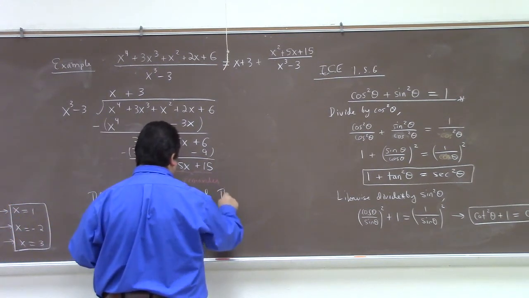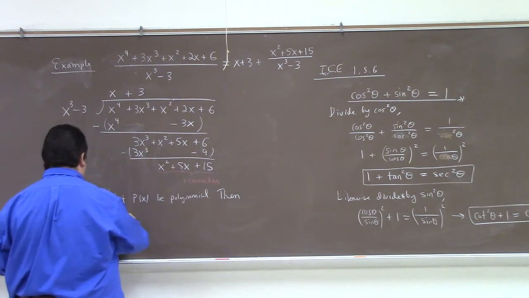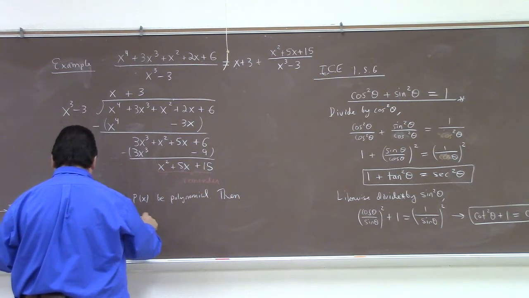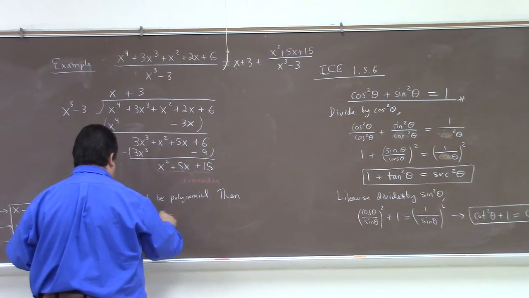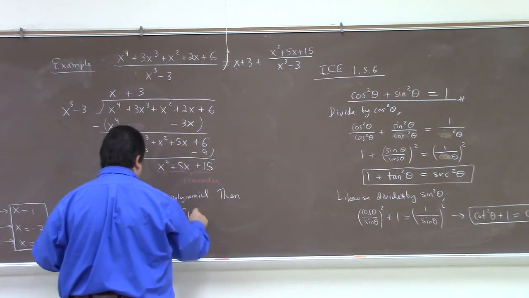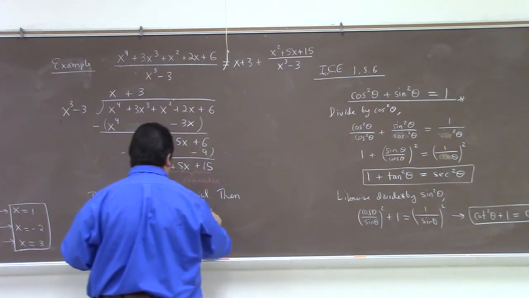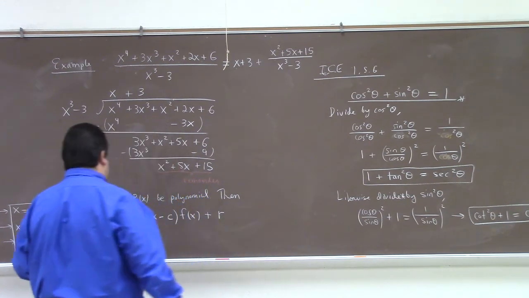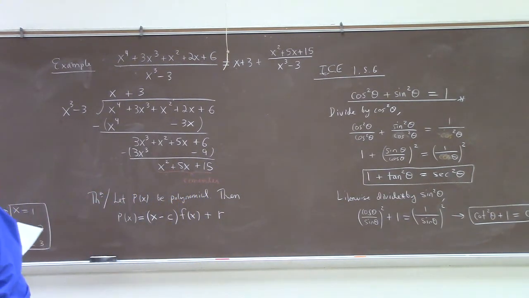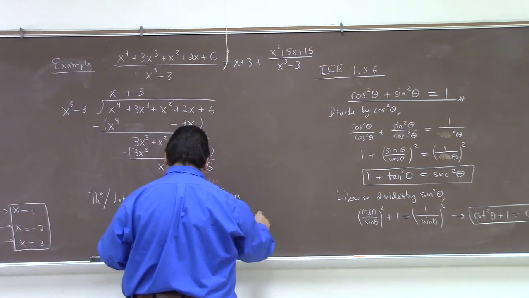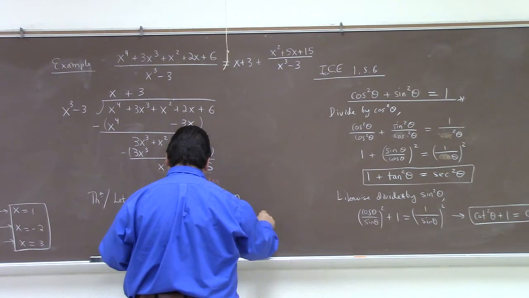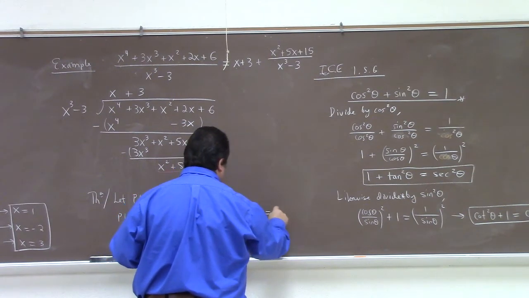Then p of x equals x minus c times f of x plus the remainder r, and r is equal to p of c.